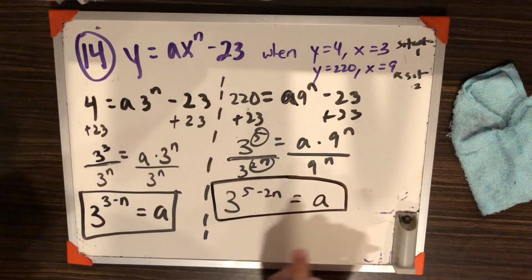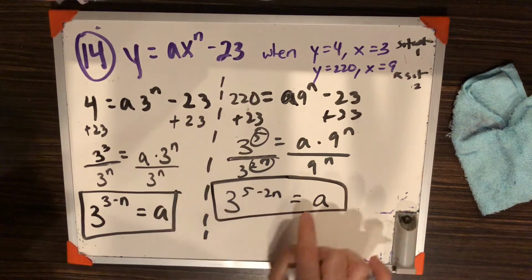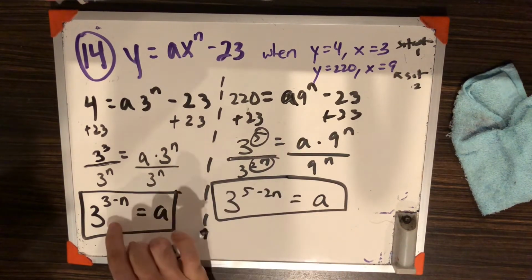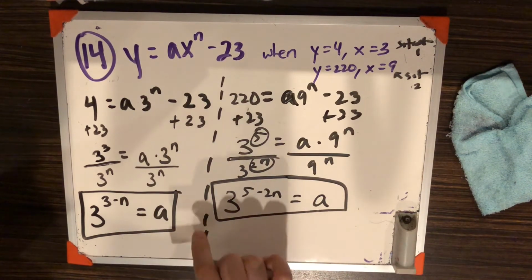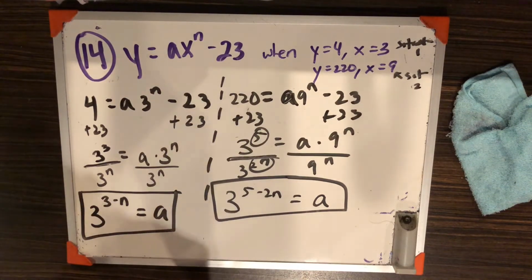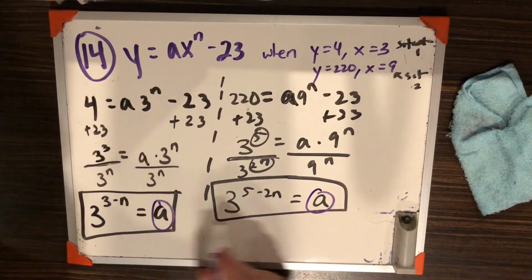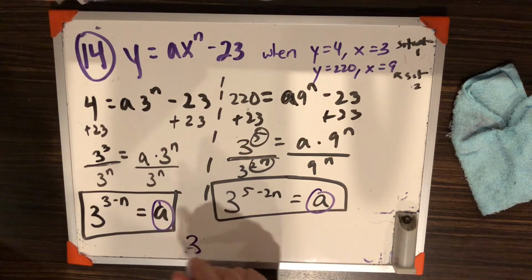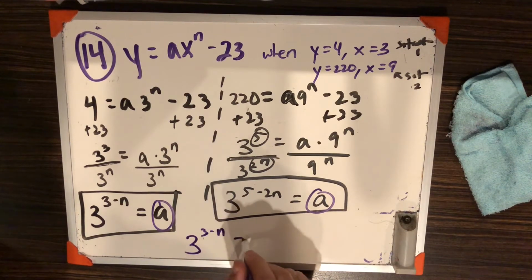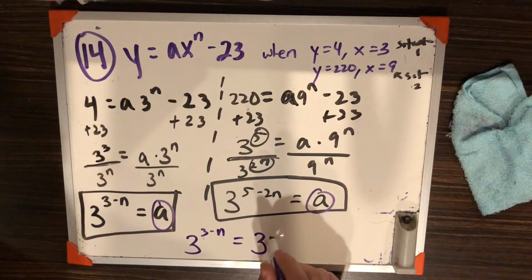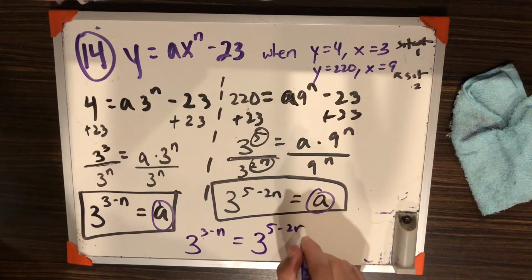Well, now I know what the values of a are. I know this is the value of a, this is also the value of a. So what I can actually do is set both of them equal to each other, because they're equal to two different expressions. So 3 to the 3 minus n power is equal to 3 to the 5 minus 2n power.